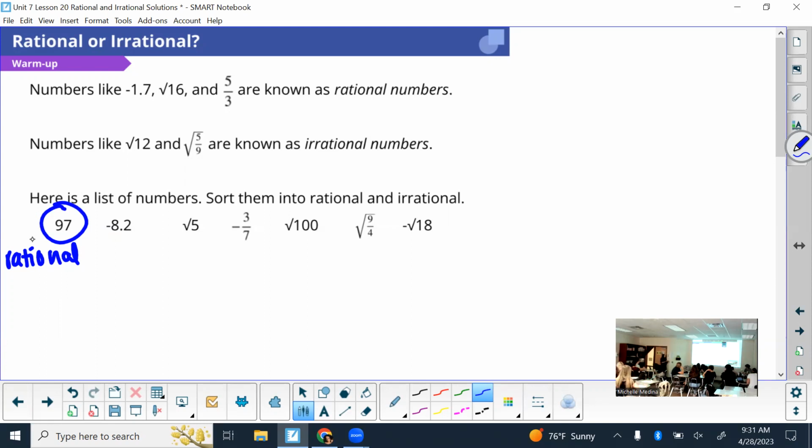Table 1, what about negative 8.2, rational or irrational?